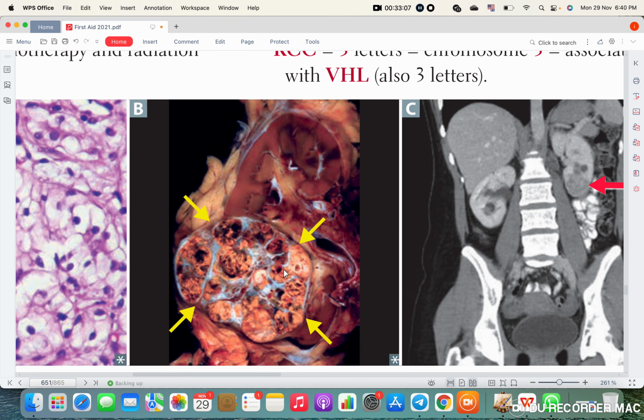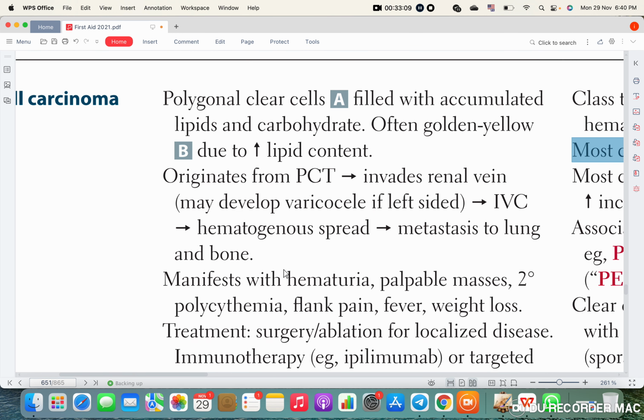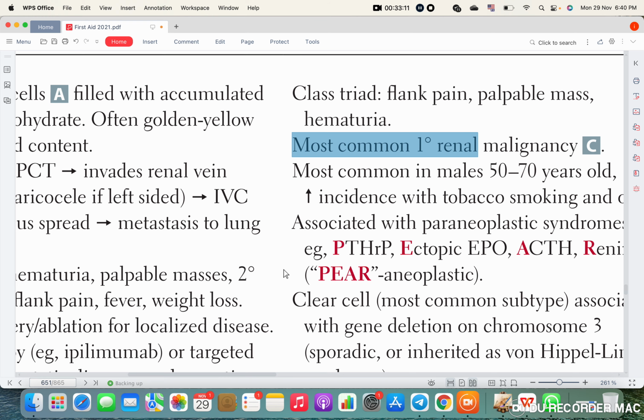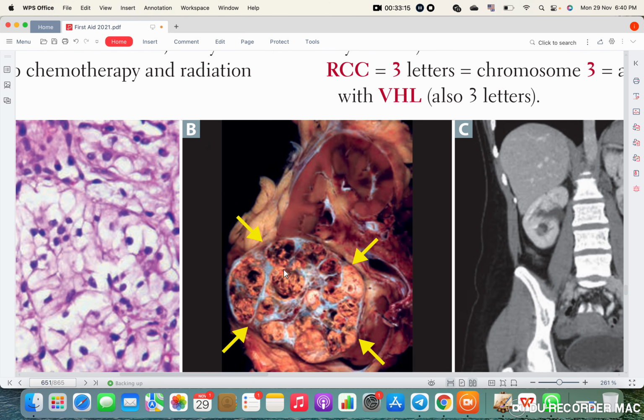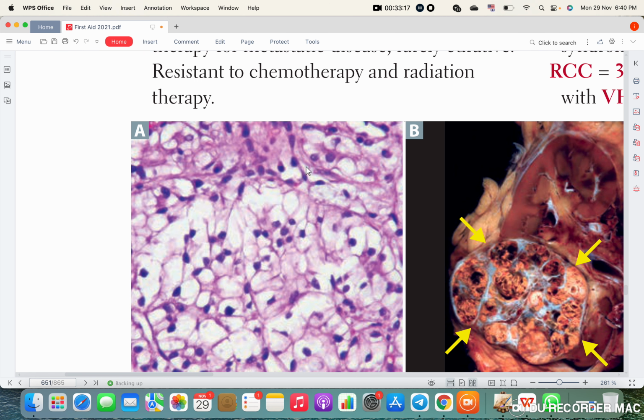They must show you a gross picture or tell you symptoms like, for example, this paraneoplastic syndrome with increased erythropoietin synthesis. Or show you a picture of this, which is the clear cells, and ask you which substance used to be inside of the clear cells? Exactly, lipid and carbohydrate.